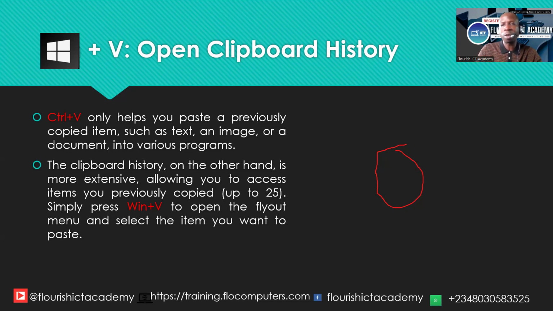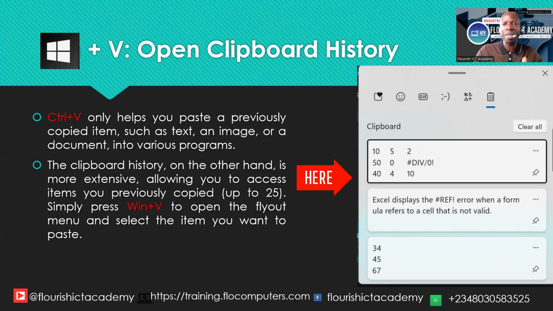Ctrl V will paste the last item that you copied, but Windows key plus V will display all the previous items that you have copied. It will display the history of the items that you have copied. Maybe you have copied something before you copied another one, and then you want to paste the first thing that you copied before the other item. The best key to access that is Windows key and V.